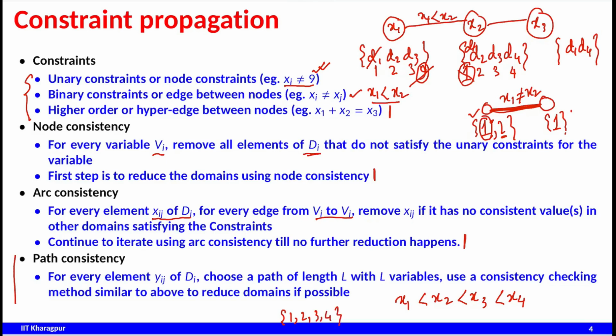They are connected through edges, and that relation is less than. Now if I look into this path, then if I choose 1 here, I cannot choose 1 next, I have to choose 2. If I choose 2 here, I have to choose 3. If I choose 3, I have to choose 4.